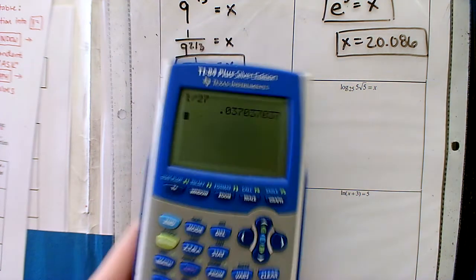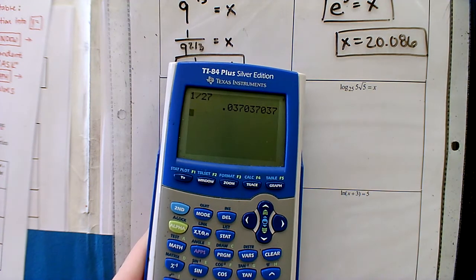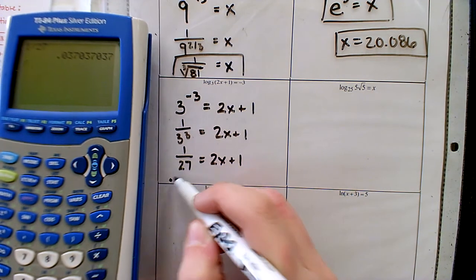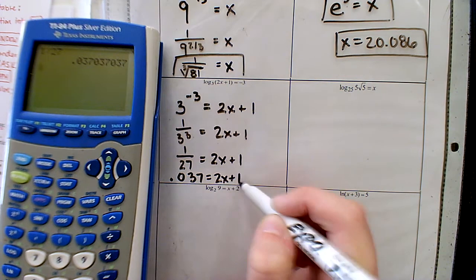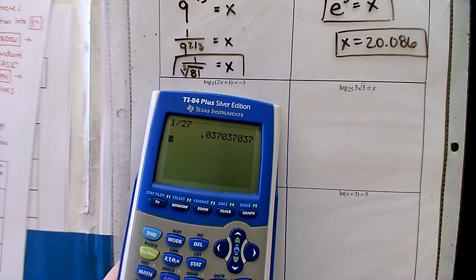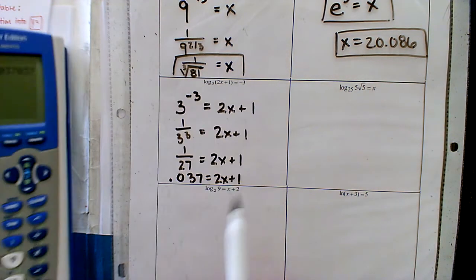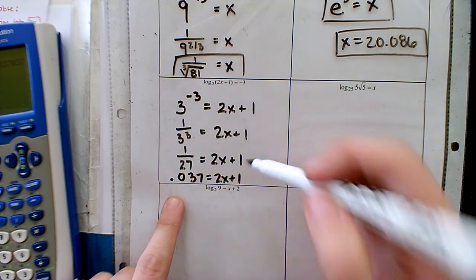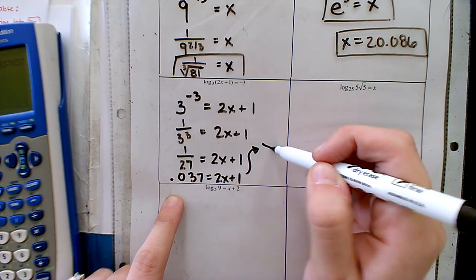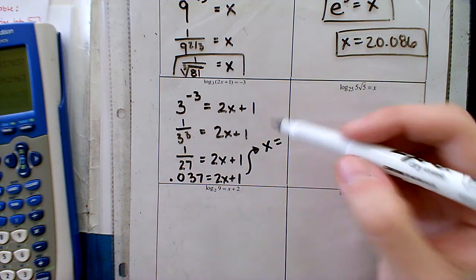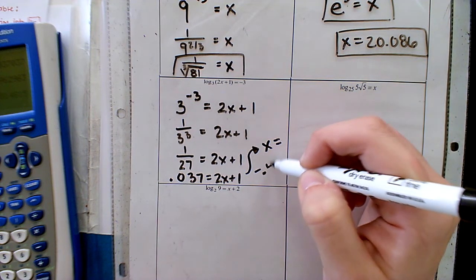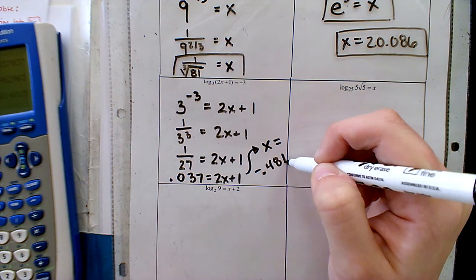I'm going to do 1 over 27, so 0.037. And from there, I'll go ahead and solve for x. So you can subtract 1, divide by 2, and negative 0.481.